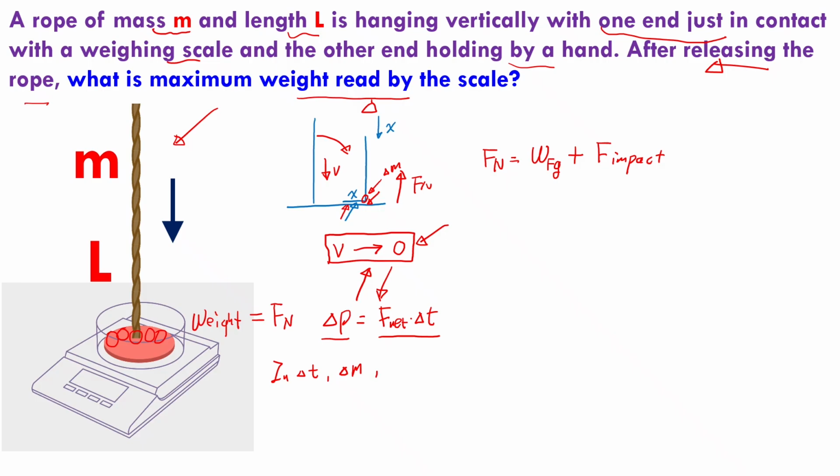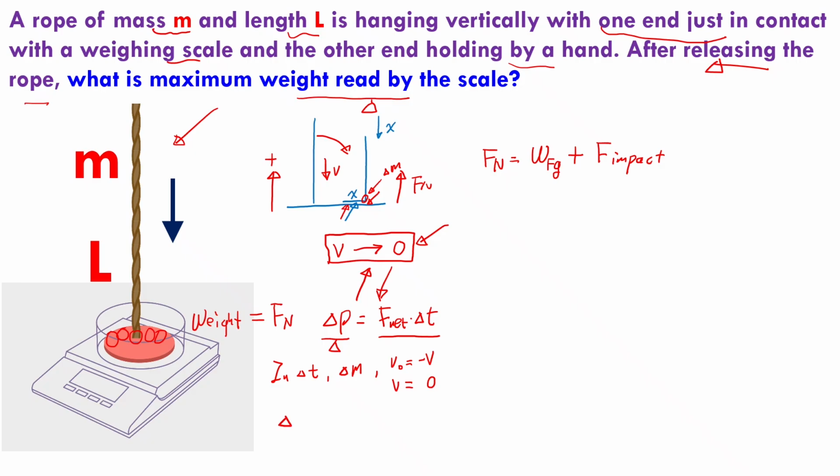We know its initial velocity is v, and we know its final velocity is 0. Then we can find its change of momentum. If we consider going up as positive, then the initial velocity should be minus v. Then let's write down the change of momentum.